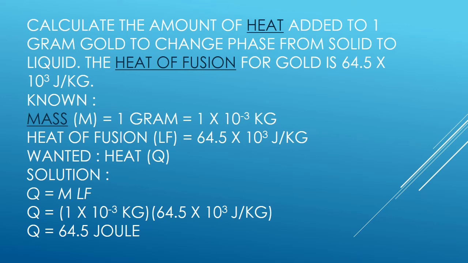Calculate the amount of heat added to 1 gram of gold to change phase from solid to liquid. The heat of fusion for gold is 64.5 times 10 raised to 3 joule per kilogram. The mass is 1 gram, which is 1 times 10 raised to negative 3 kilogram.